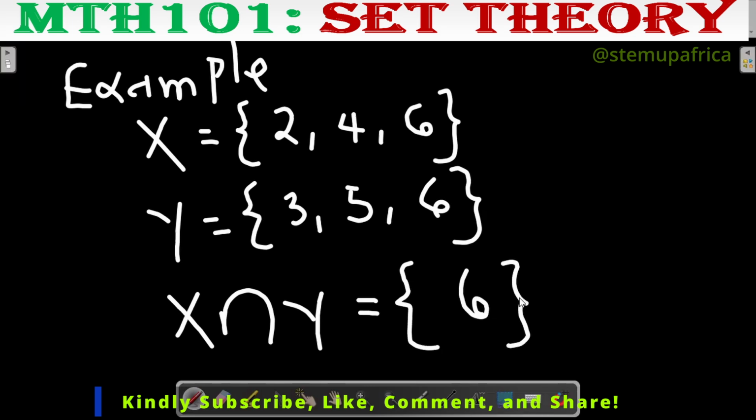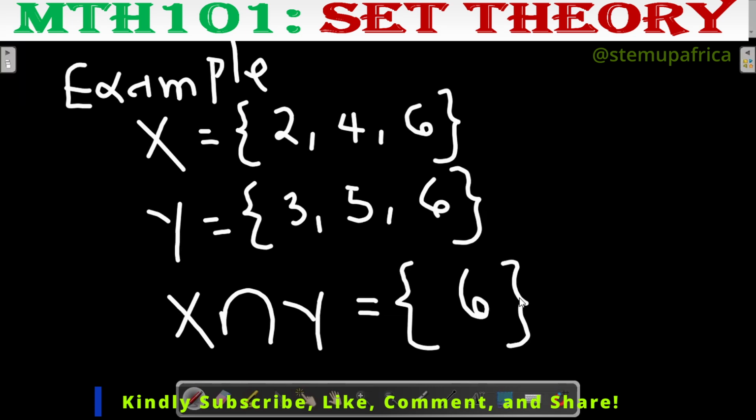It is 6. So what kind of set is this? A set that has just one element is called what?